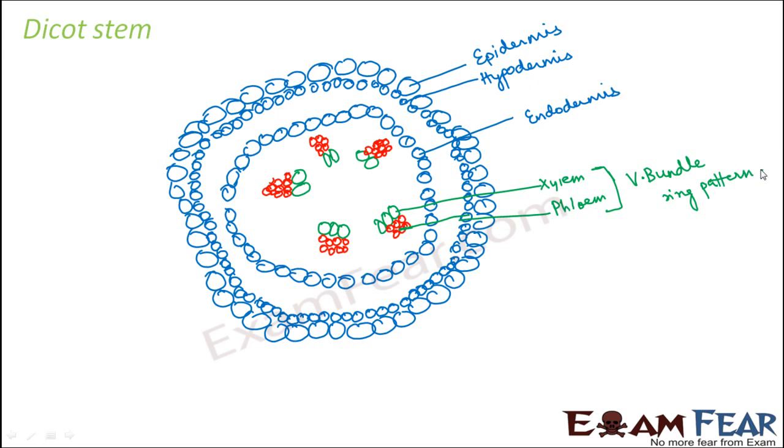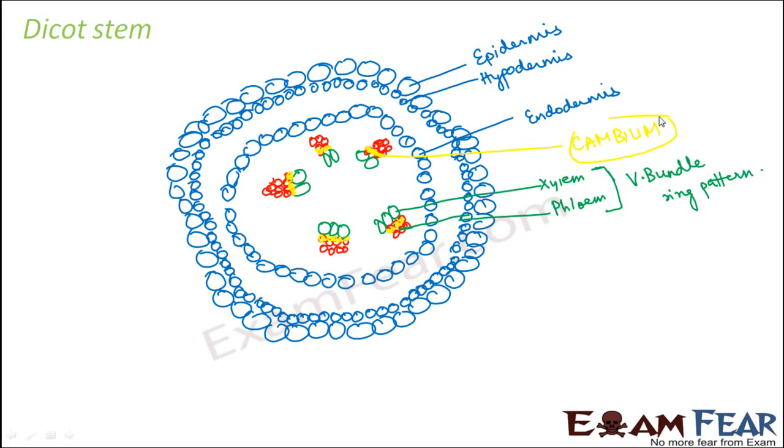Now another important thing to notice here is that cambium is present. So what is cambium? Cambium is the meristematic layer of cells between xylem and phloem. Here I am marking it in yellow. So here you have a layer of cells which is cambium. This yellow colored cell is nothing but cambium.